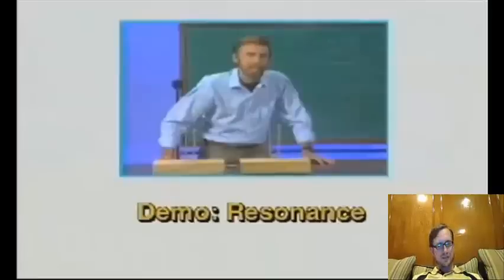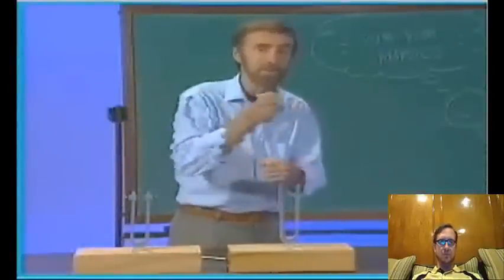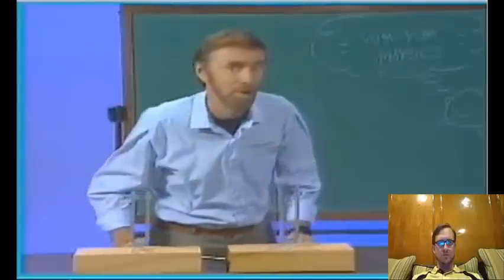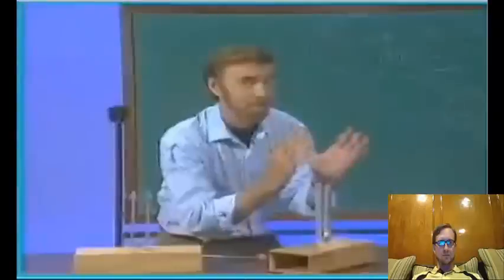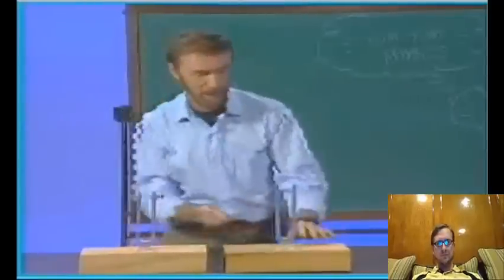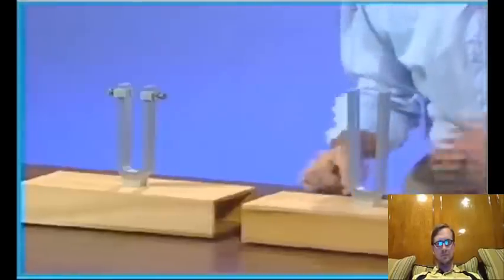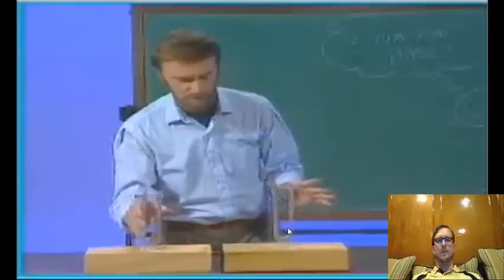We're talking about resonance. If this room were filled with ping pong balls and I had a big paddle and I shook it back and forth, I'd send vibrations through this ping pong balls. Same type thing happens when I strike this tuning fork. This vibrates back and forth and hits the air, and the air vibrations, that's what we pick up the sound. Notice whenever he grabs it, it stops vibrating, you stop hearing the sound. I have a fork of frequency sensing. Watch this one. Like this one, and this one vibrates. Or you know that the other one was making the sound because he grabbed the first one.